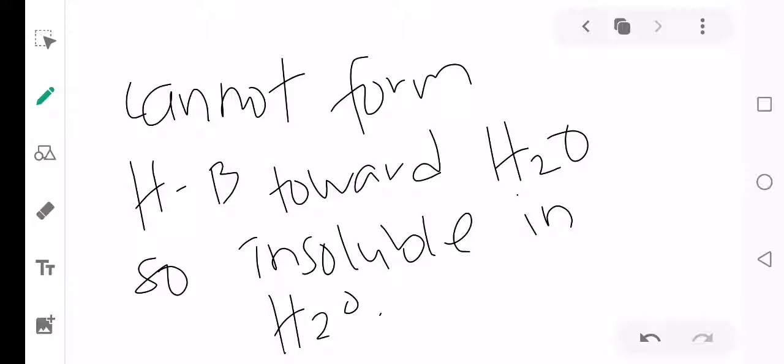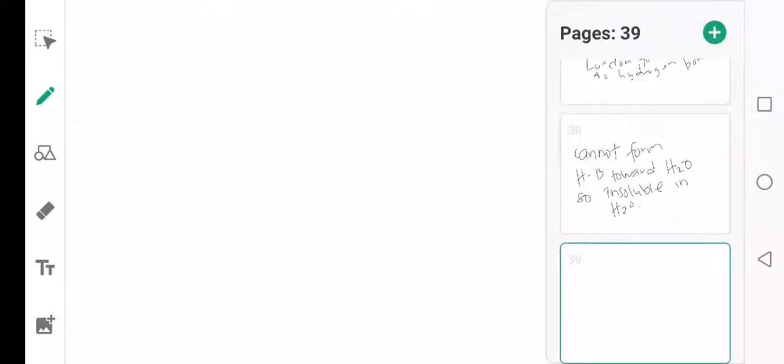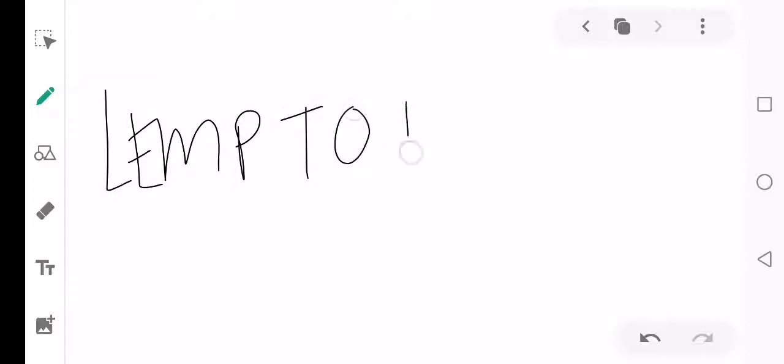So perhaps you all understand the uses of the Lewis table. For each molecule that you want to draw its Lewis structure, you must follow this table.